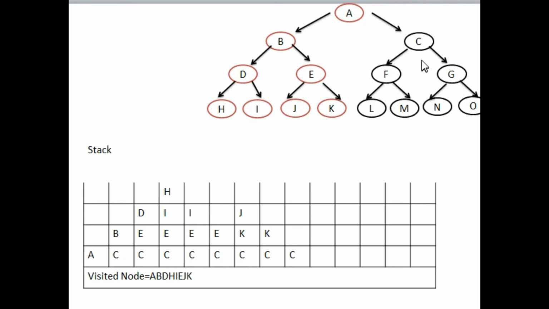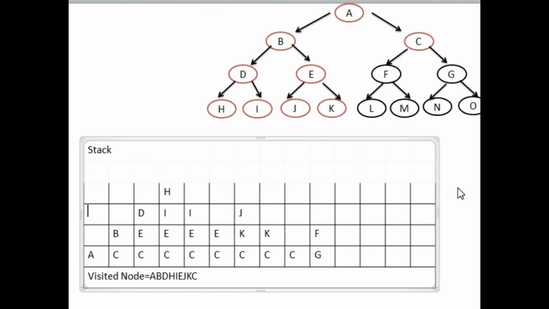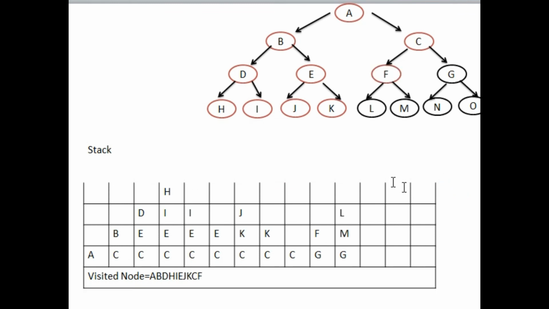Then I will pop the C node and mark it red over here, and the children of this node I will put into this stack. Then I will traverse the F node, which has two children.